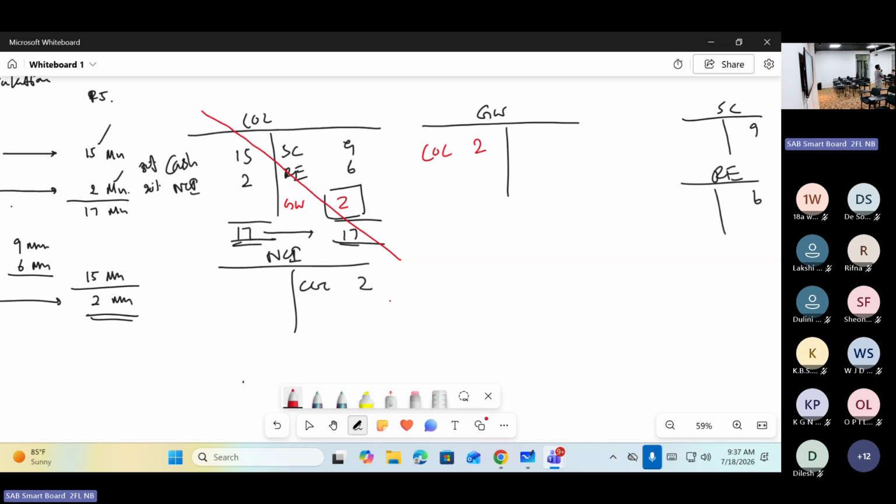Third one, net assets. What is the double entry? For the paid consideration, what's the double entry?